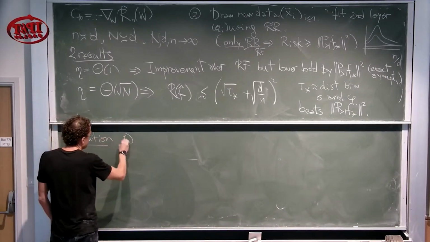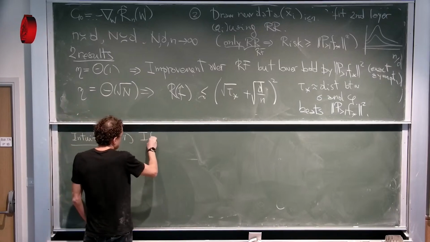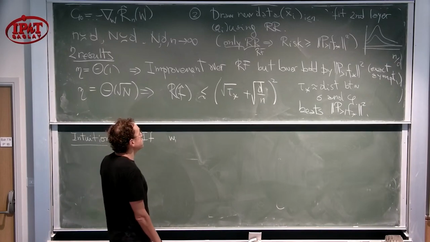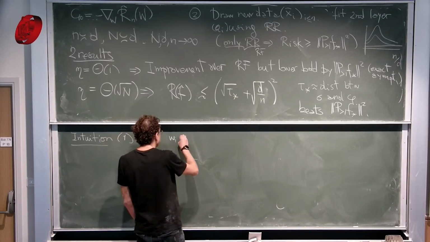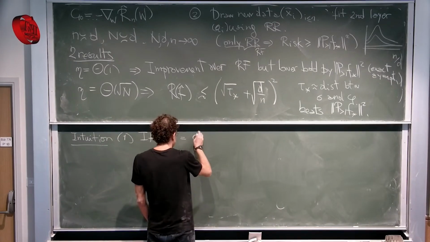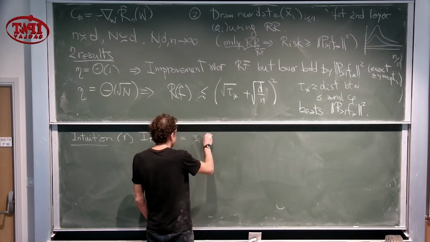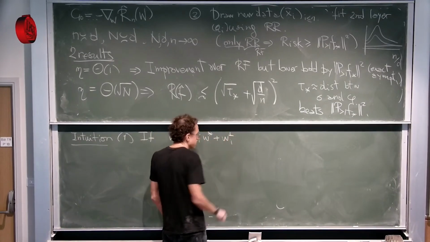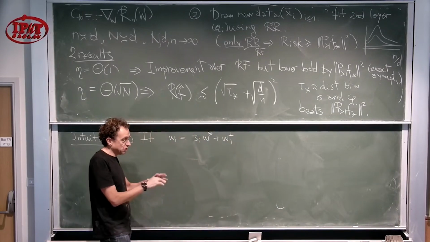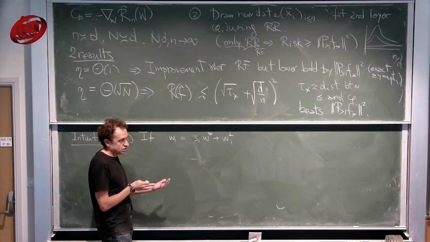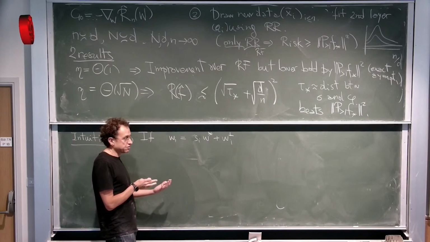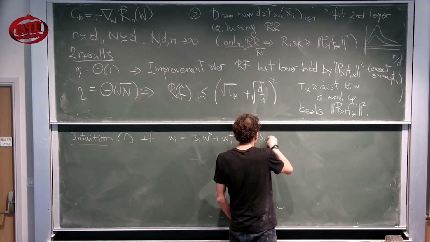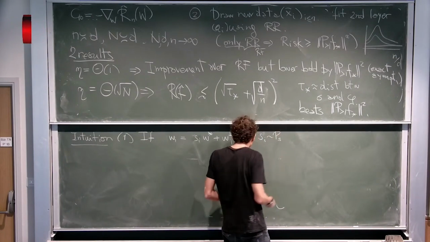Part 1 of the intuition: if, instead of taking the Wi at initialization uniform on the sphere or Gaussian, you take them as psi_i times W star plus W perpendicular i, with some non-trivial projection psi_0 on W star, then you are in good shape.